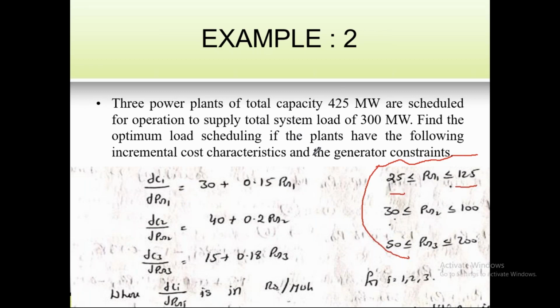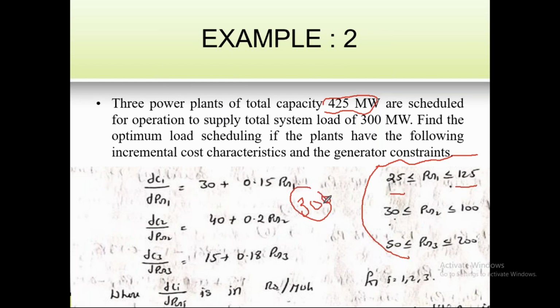Suppose this is the problem they gave. It has 3 units and each unit has a maximum capacity of 125, 100 and 200, so the total is 435. This is the maximum capacity of the 3 plants. If you want to schedule these 3 plants for generating 300, that is the maximum load demand on the 3 plants, we have to generate 300 megawatts.